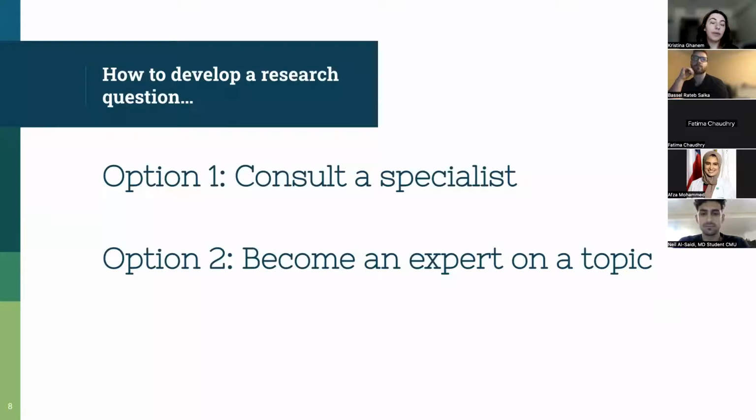So in developing a research question, it's really important that you have the foundation of your research team help you build towards being able to find a decent question, either by consulting a specialist. That's a common way.